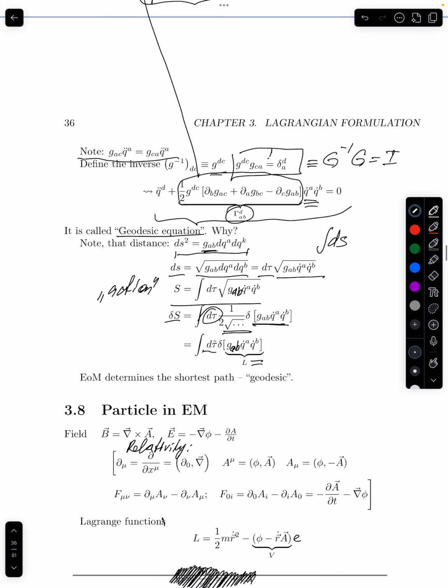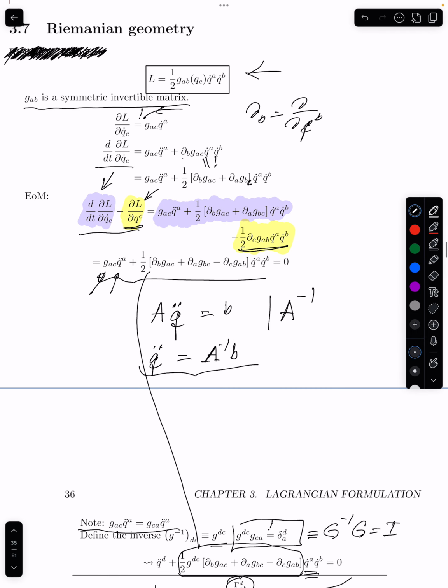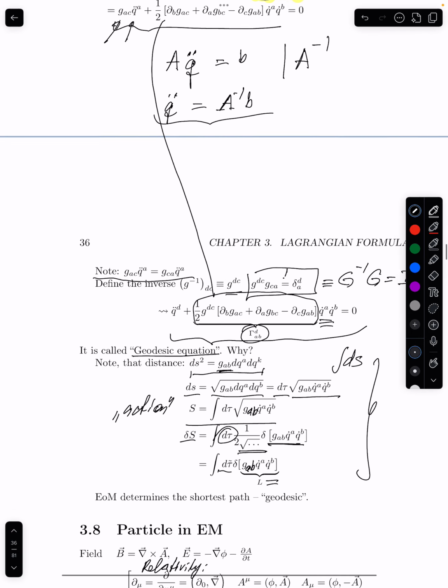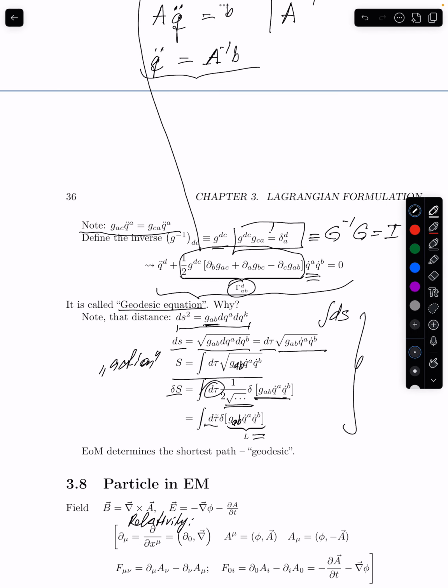Why am I showing this? Because this procedure defines the shortest path between two points in Riemannian geometry, and it is the same Lagrangian as we started with. This is why the corresponding equation which defines the curve between these two fixed points is called the geodesic equation, because it defines the shortest path in Riemannian geometry.